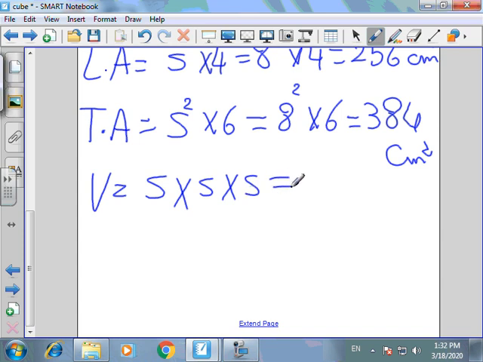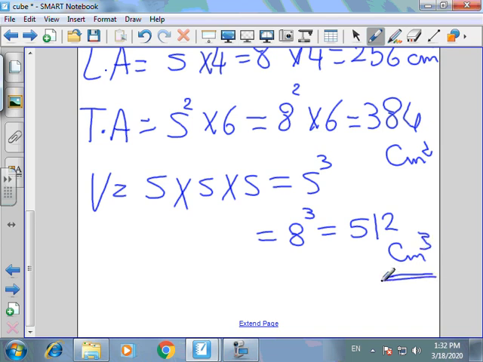Yes, repeated multiplication, which is side to the power 3, or side cubed. So the side equals 8. 8 to the power 3, or 8 cubed, is equal to 512 centimeters cubed. Don't forget the unit, please.